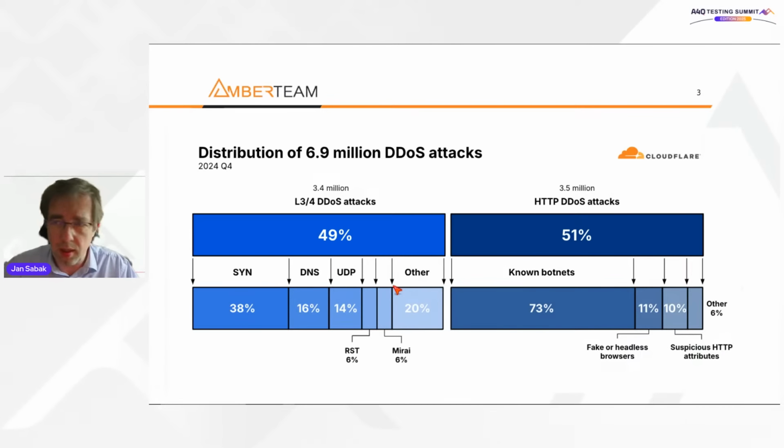So lower levels and higher levels. Why am I telling you this? Because what we usually simulate for our clients is a mix of attacks. I will show you the plan of one such simulation. So half is UDP and TCP, and half is HTTP attacks. This is also from the Cloudflare report.